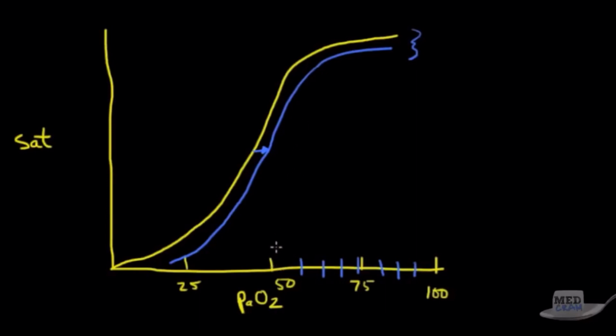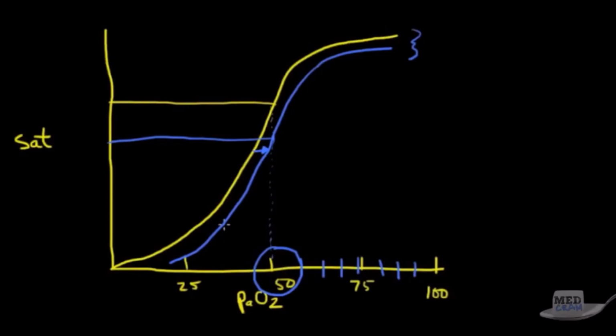And why is that? Because at any given PO2, let's say 50 in this case, you'll see that the blue hemoglobin binding curve has a lower saturation than the yellow hemoglobin binding curve.